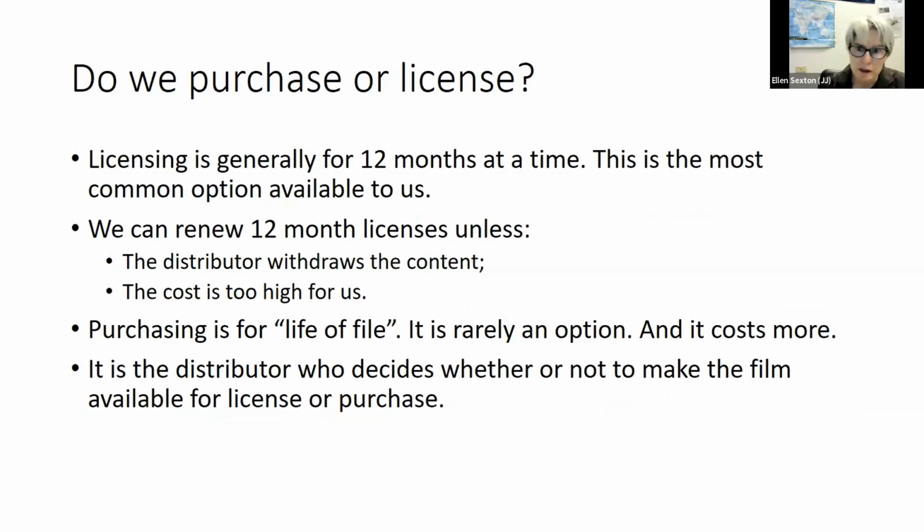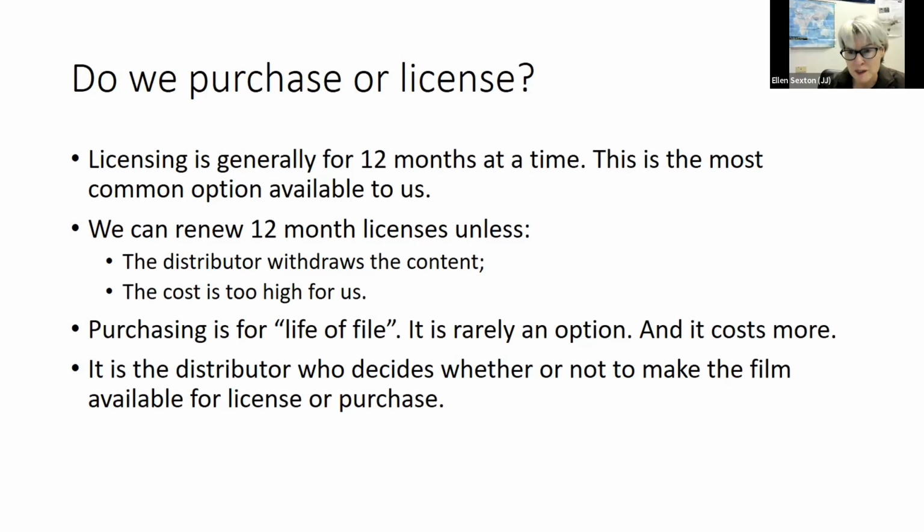In terms of streaming content, sometimes we have an option to purchase the content for perpetuity, otherwise known as the life of the file. This is actually rare and it's expensive. A 12-month license for a film might cost us $150 to stream it for 12 months.